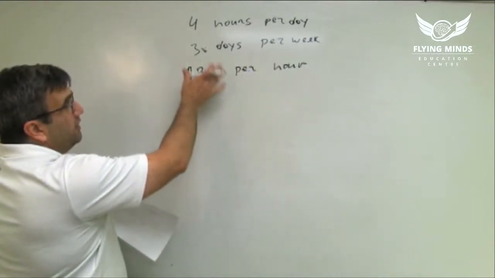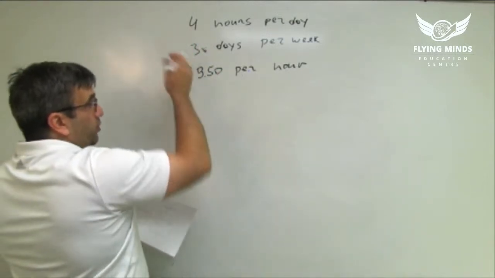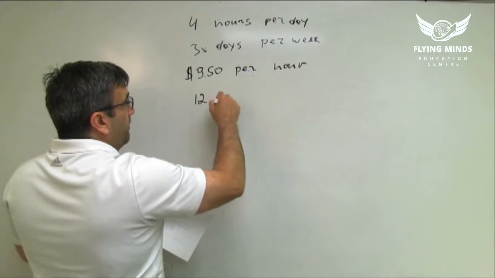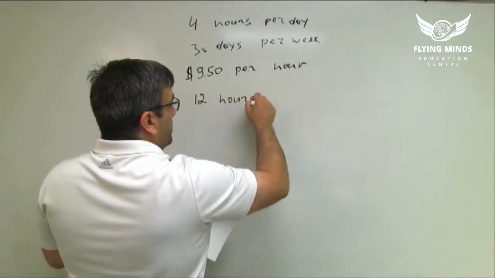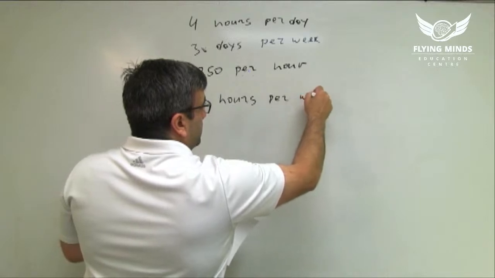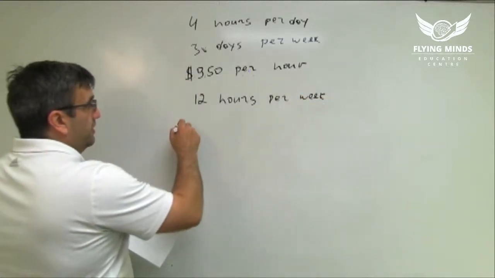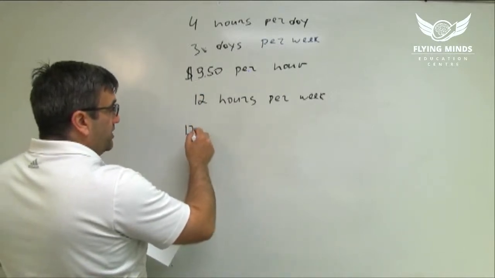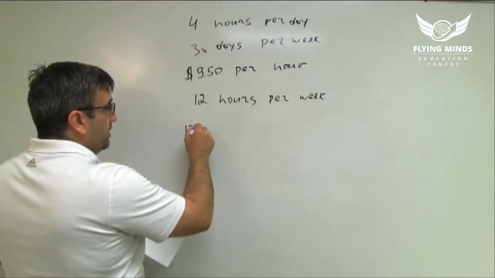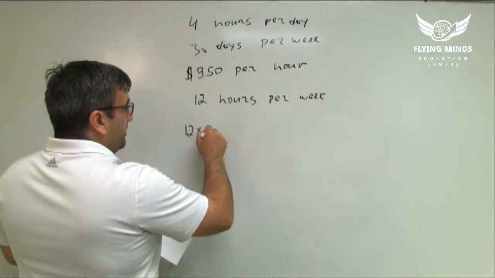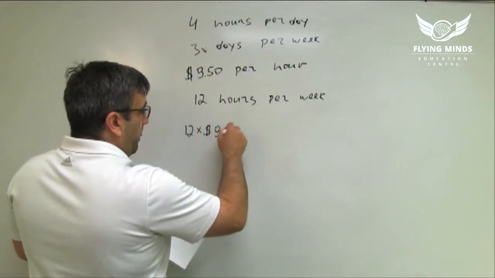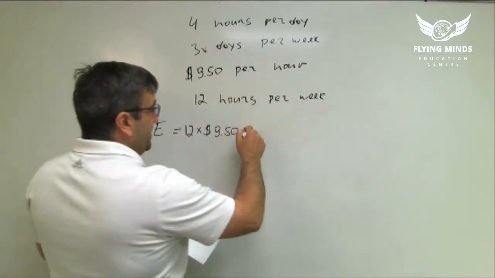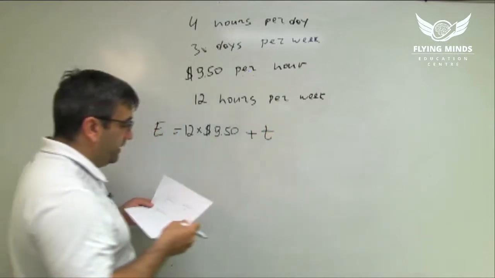So what we need to figure out is how many hours she worked per week. 4 times 3 is 12, so she worked 12 hours per week. Her salary is $9.50 per hour, so in 12 hours she's going to earn 12 times 9.50, plus tips for that week.